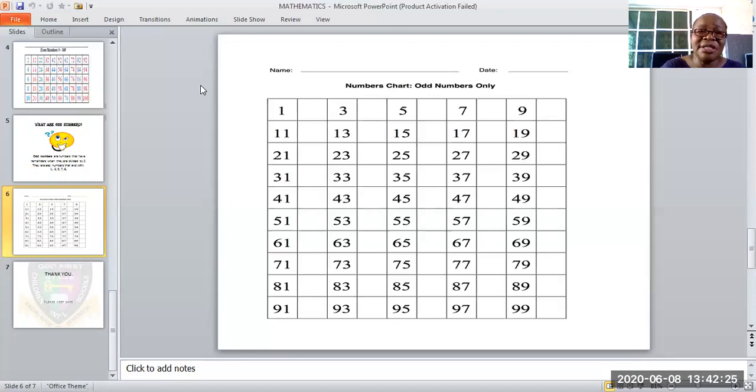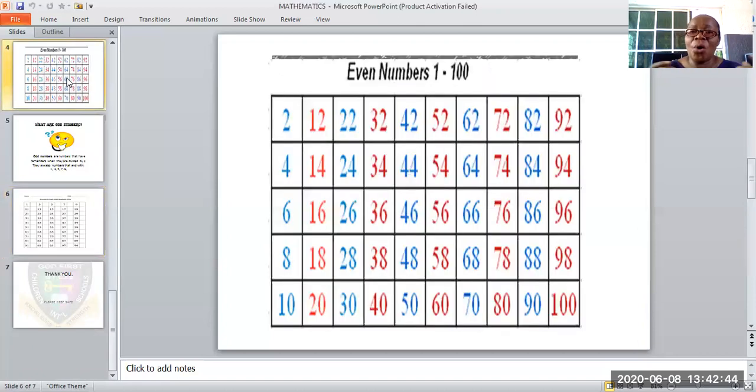We can also say that any number is an even number as long as the last digit ends with 0, 2, 4, 6, or 8. Do you understand?